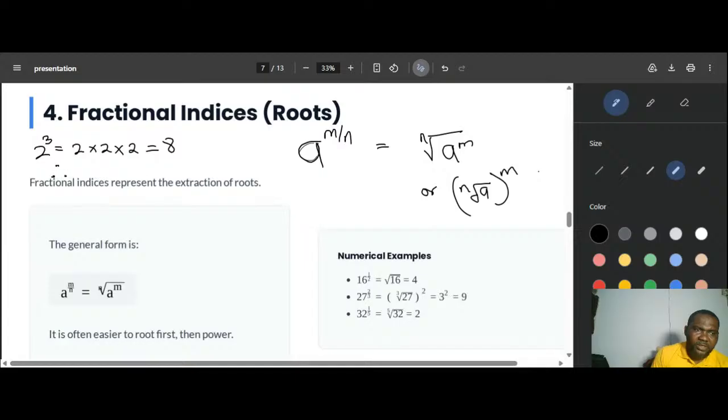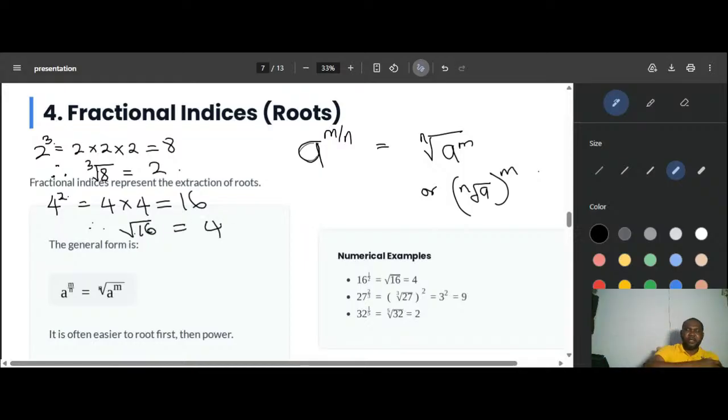Now, what this means is that the cube root of 8 is 2. If I say 4 squared means 4 times 4, which is 16. Now, what this means is that the square root, because squared will give you square root, cube will lead to cube root. So square root of 16 is 4. That means to take it back.